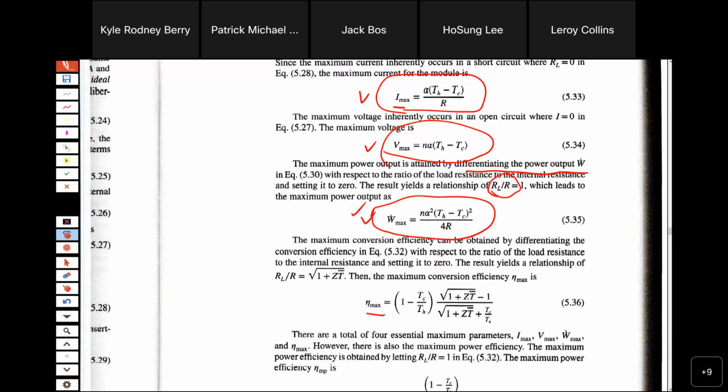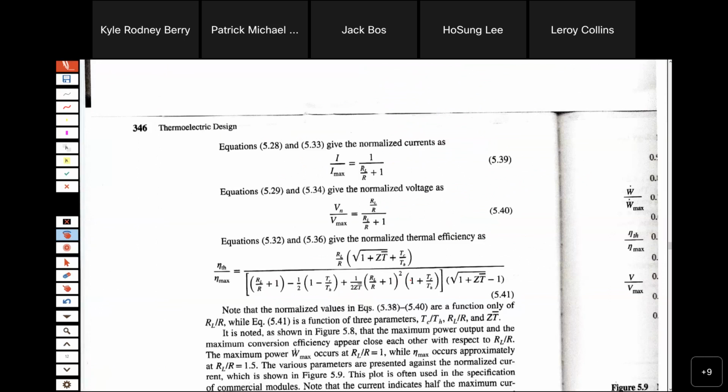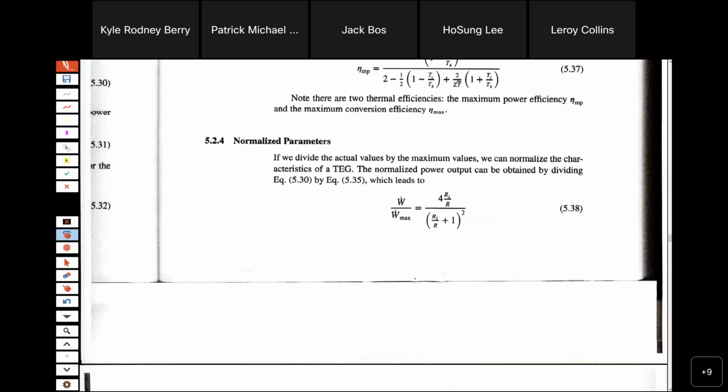We have an efficiency expression with respect to RL over R. We got this. It takes about 10 pages. It's a lot of algebra. I spent about 10 pages. But anyhow, okay.